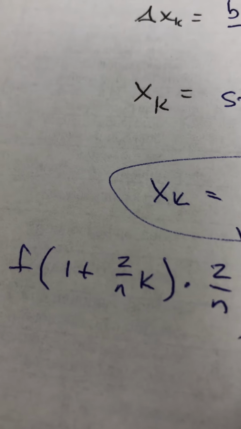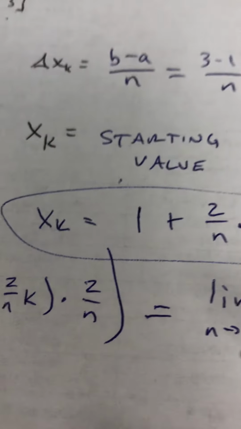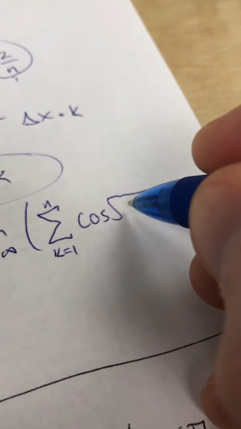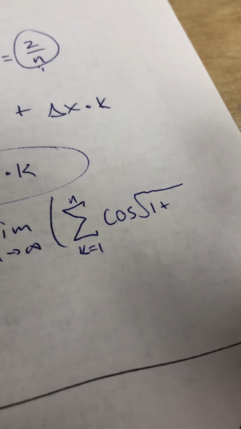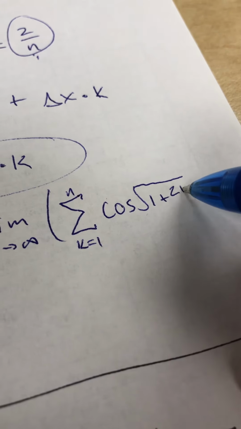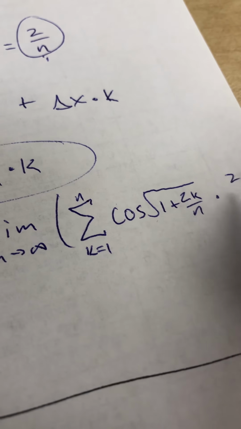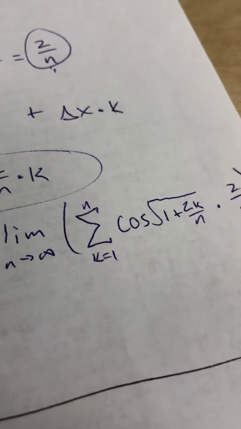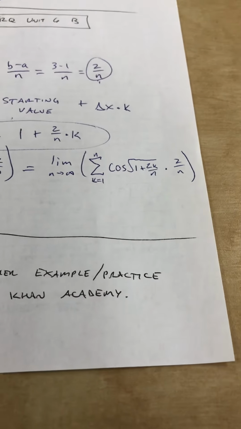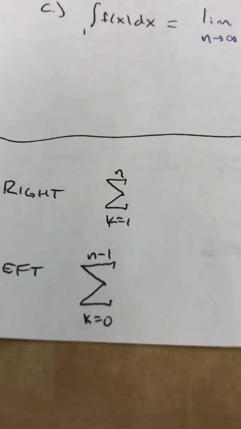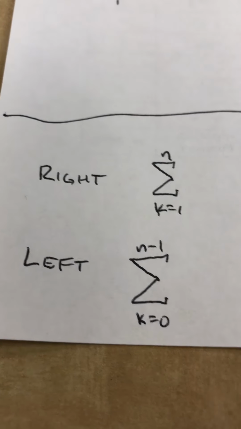It's 1 plus 2 over n times k. So we have cosine of the square root of 1 plus 2k over n, times your delta x, 2 over n, and there's your answer.